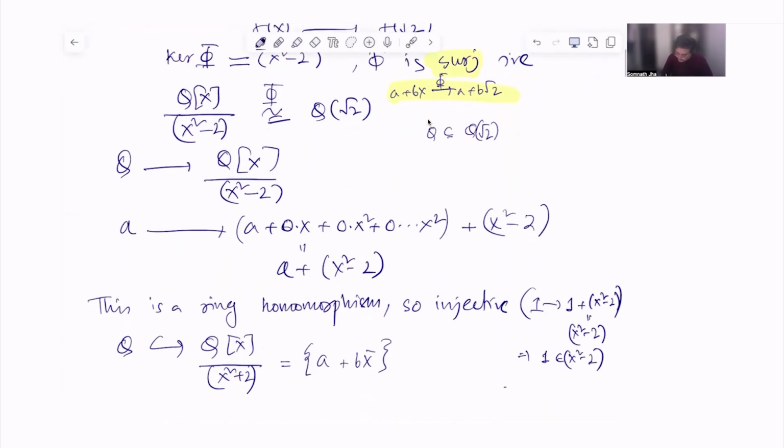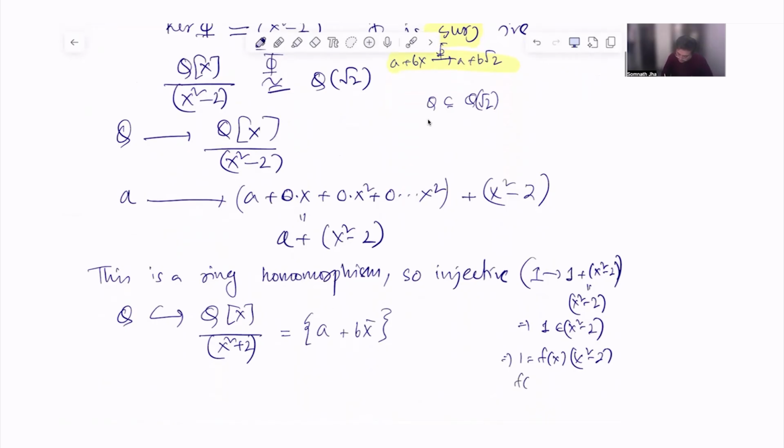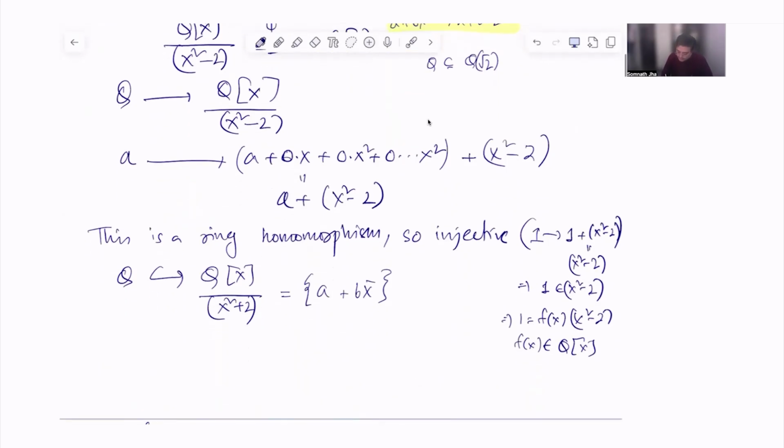This is the principal ideal, so that would mean 1 equals f(x) times x squared minus 2 for some f(x) belonging to Q[x]. But then you can count the degree: here the degree is 0, and here the degree is 2 plus the degree of f(x). So 2 plus degree of f(x) is equal to 0. That's not possible.